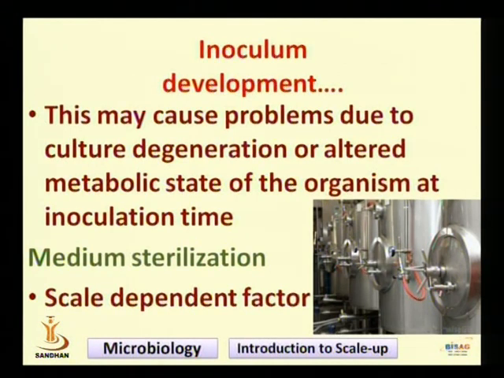That is, when the organisms are transferred or actually inoculated into the production fermenters, their physiological status is very important. It is desired that they should be in their active phase of metabolism. So by increasing the stages, there also remains a risk of a change in the metabolic and physiological status, and that might affect the process negatively.